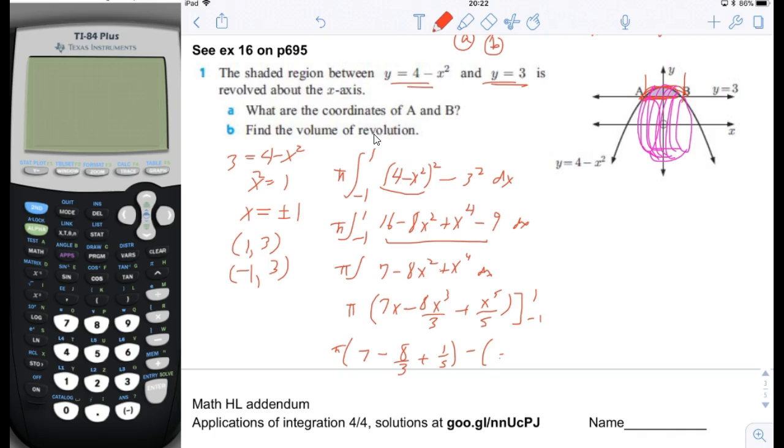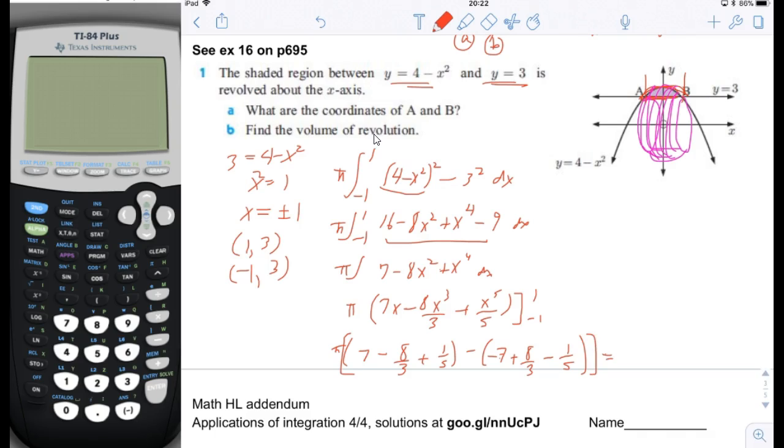minus, and then I'm going to substitute negative 1, so negative 7 minus 8 times negative 1 cubed is going to be positive 8/3 minus 1/5. And so this is all multiplied times pi.